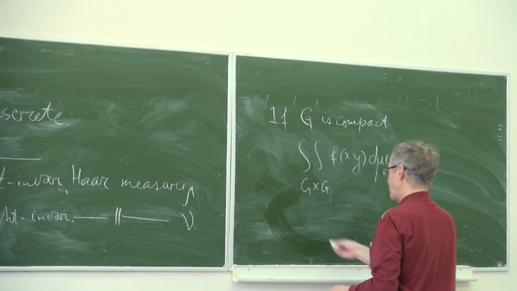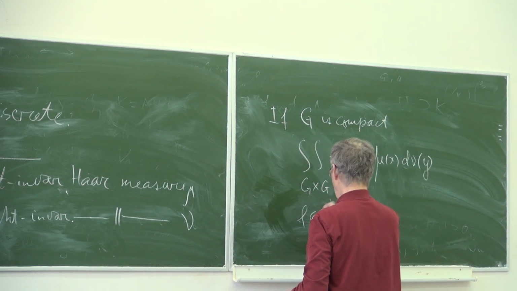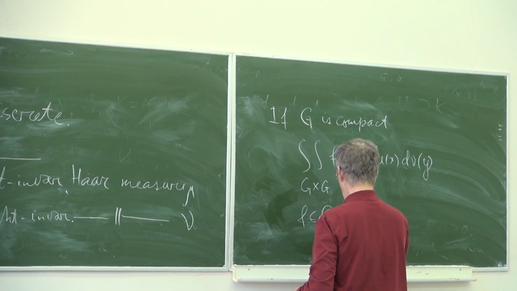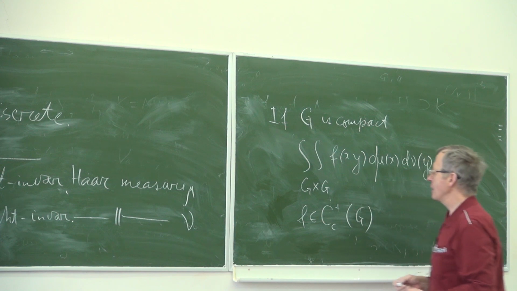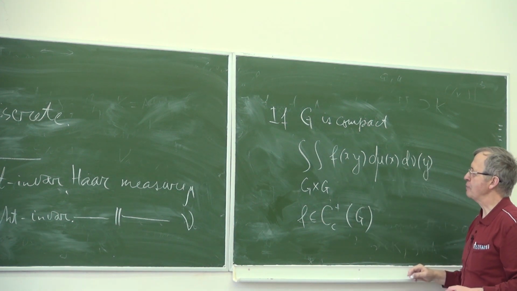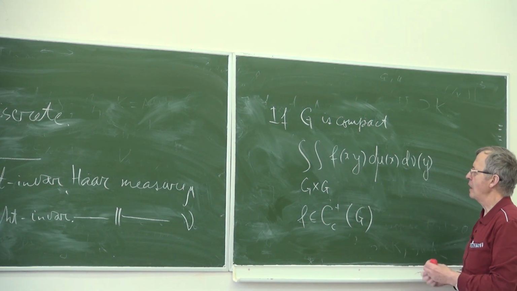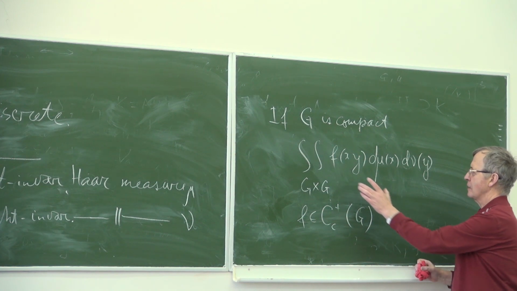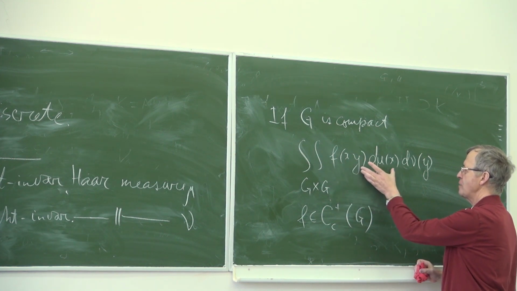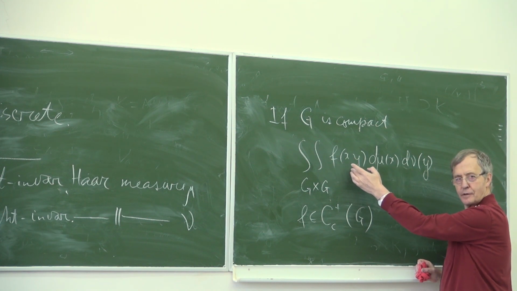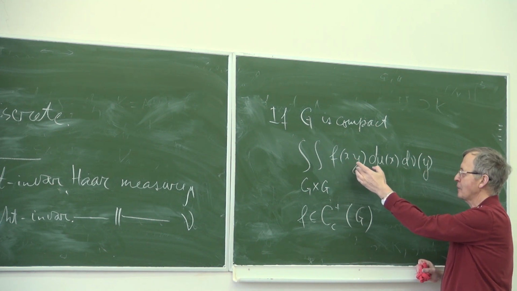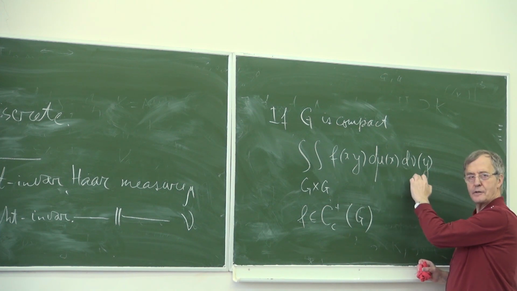And f is again a test function. Then, of course, you can apply the Fubini theorem, and integrate inside by mu, and then use that this thing is left invariant. And we suppose that both of them are normalized so that to become probability measures.